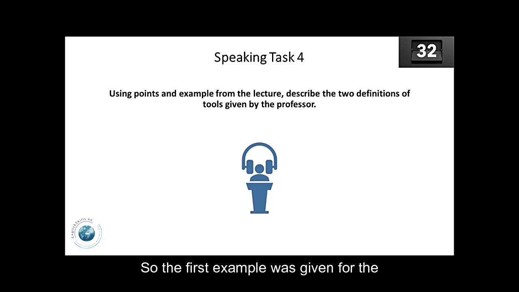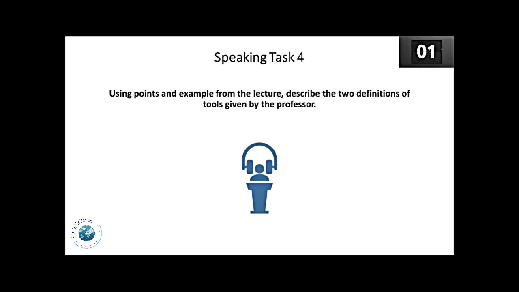So the first example was given for the narrow definition where a chimpanzee uses a stick, removes the leaves, so it's stripped and it's sharp and it fits into a hole for the purpose probably of gaining food. The second example given is for the broad definition. It's an elephant who just finds a branch and scratches its back using the branch as is found without any modification. So in summary, the first type, the narrow, there's modification for a specific purpose made by the animal, whereas the second, the broad definition, there is no modification to the tool.